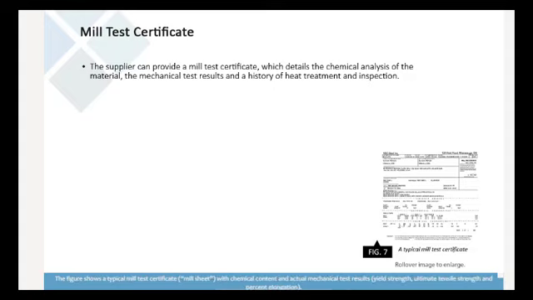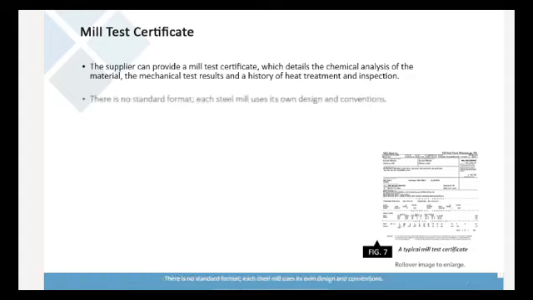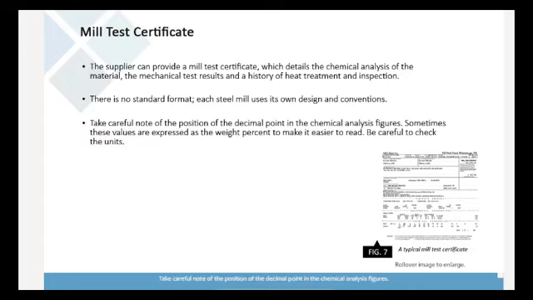The figure shows a typical mill test certificate with chemical content and actual mechanical test results: yield strength, ultimate tensile strength and percent elongation. There is no standard format. Each steel mill uses its own design and conventions. Take careful note of the position of the decimal point in the chemical analysis figures. Sometimes these values are expressed as the weight percent multiplied by 1000 to make it easier to read.